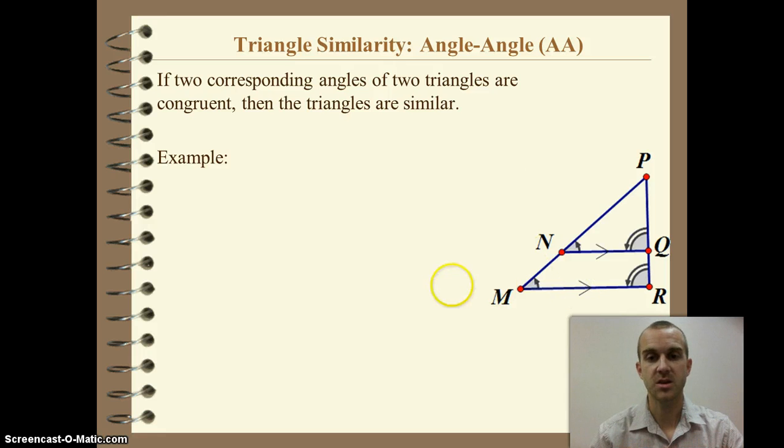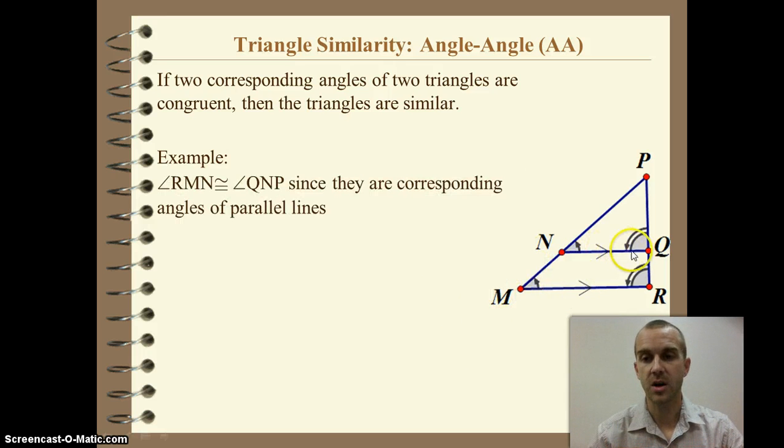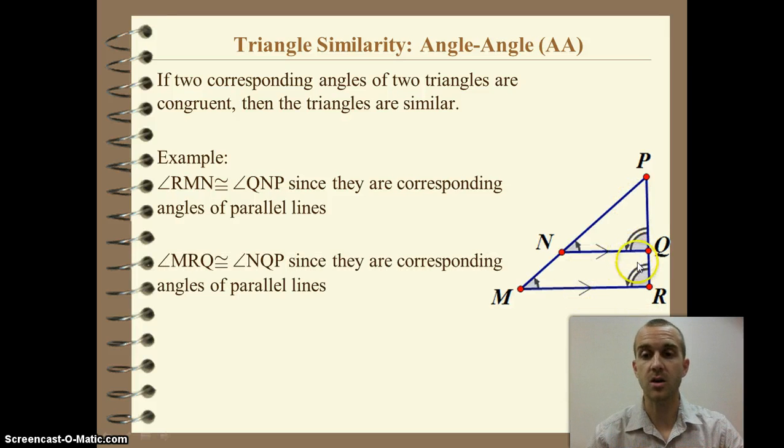So if I look at this picture here, because I have these 2 parallel lines, I know that RMN, our angle here, and QMP are congruent because they're corresponding angles of parallel lines. It's that parallel line that's so important here. And here the NQP and MRQ are also congruent because of the parallel lines.